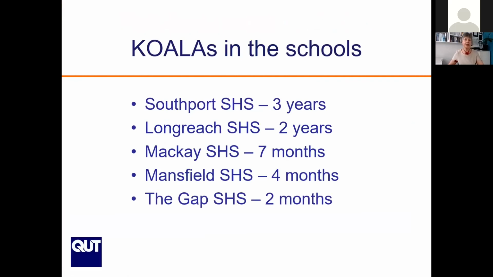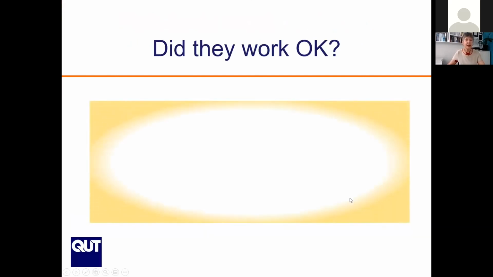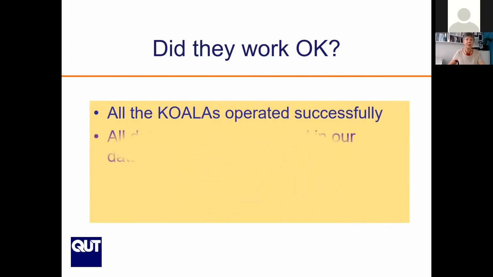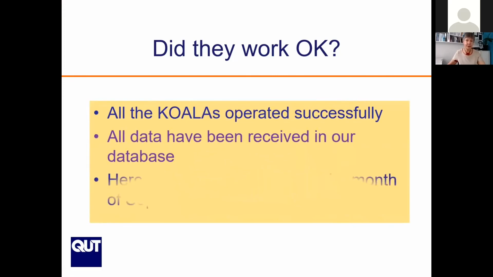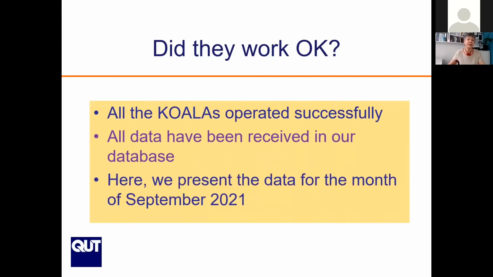So we've got the Koalas in the 5 schools which are part of this program. Southport operated for 3 years, Longreach for 2 years, Mackay 7 months, Mansfield in Brisbane 4 months, and The Gap in Brisbane 2 months. I'm very pleased to report that all the Koalas operated successfully, and we are talking about this period since we last talked.